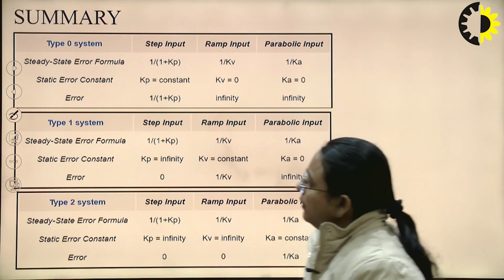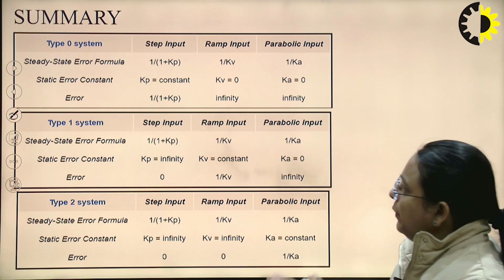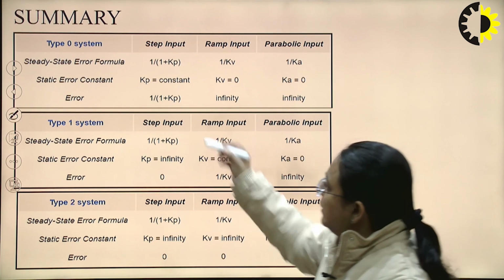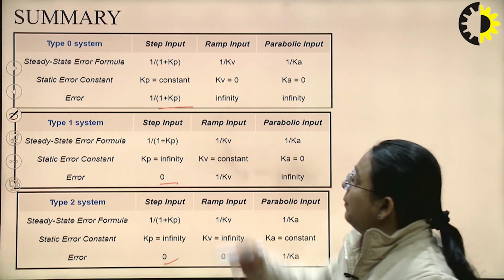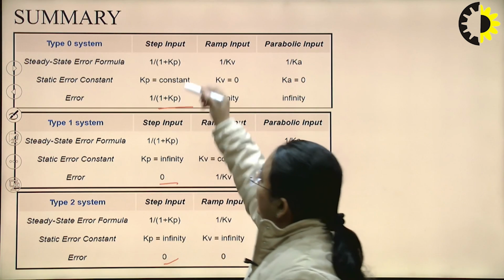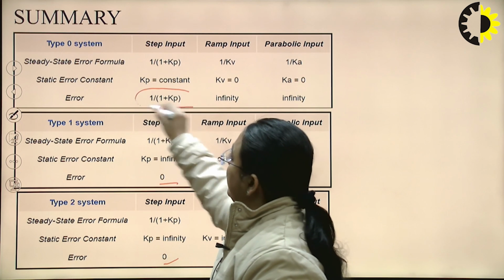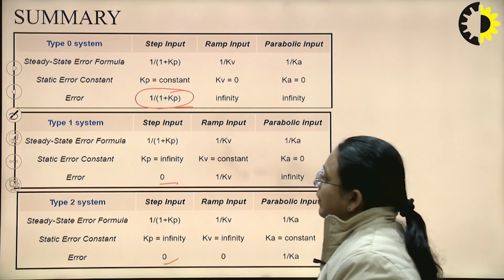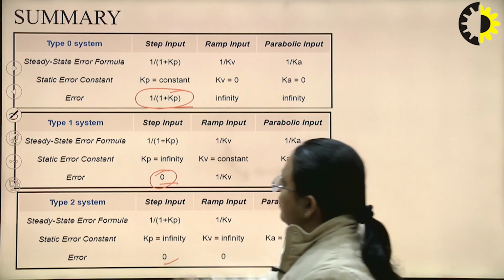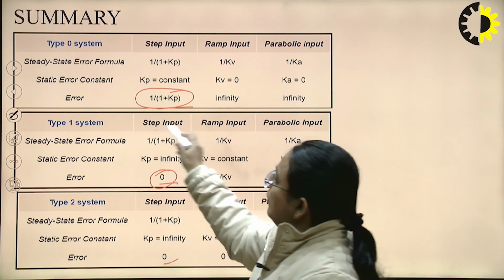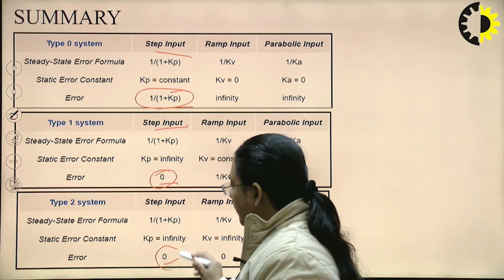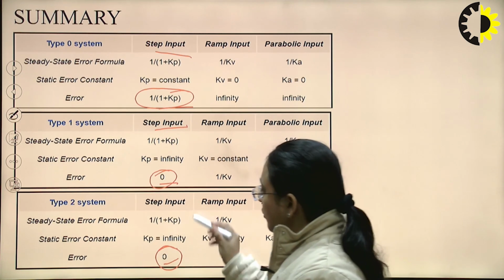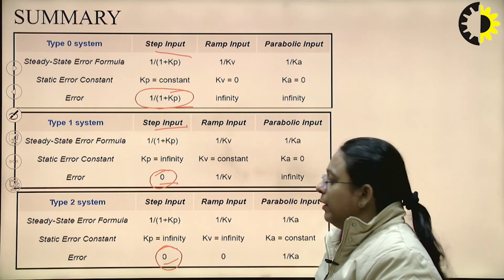So what we have concluded from all this is, as the type of the system increases, the steady state error goes on decreasing for a particular input. You can see for type 0 system, for step input we have steady state error 1 upon 1 plus Kp. For type 1 and type 2 systems, for step input, the steady state error will become 0.